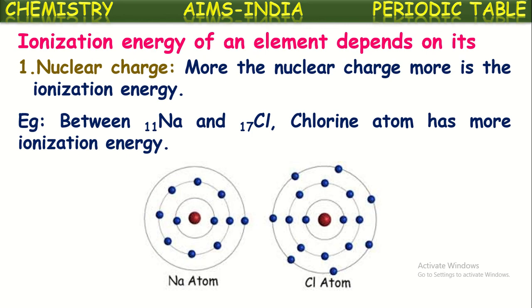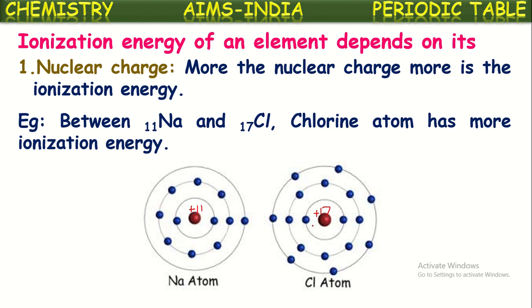So size is less and nuclear charge is more for chlorine. It has 17 units positive charge, whereas sodium has only 11 units positive charge. So nuclear charge is much greater for chlorine, and it will hold the outer electrons very tightly when compared to sodium. So the removal of an electron from chlorine is a little more difficult than in the case of sodium.